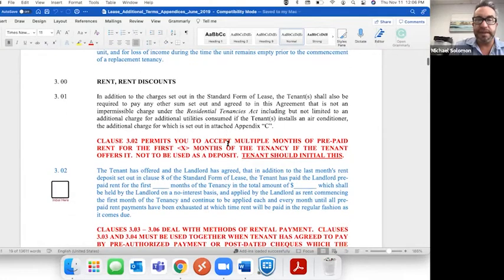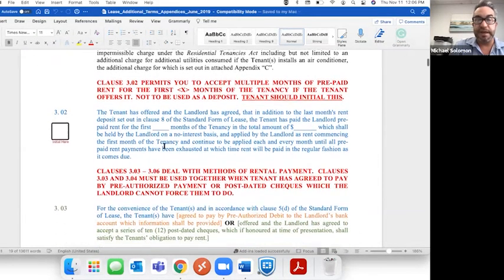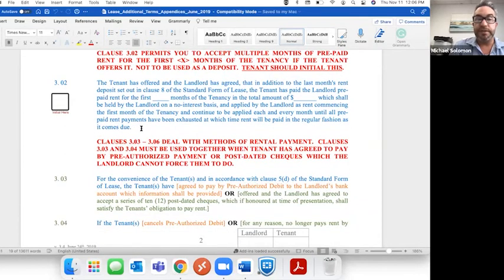So then we also cover things like rent discounts. Remember, we talked about, if you pay your rent early, I may give you a discount, but we typically don't like those. So we typically don't include things such as rent discounts, but we do include, for example, we may delete 3.02, and then of course these numbers change.